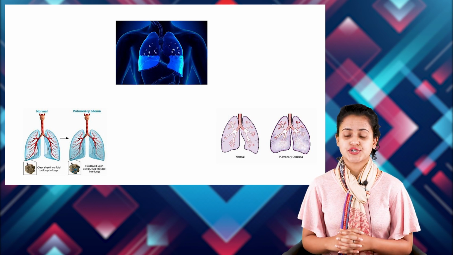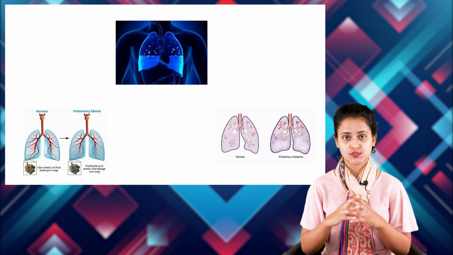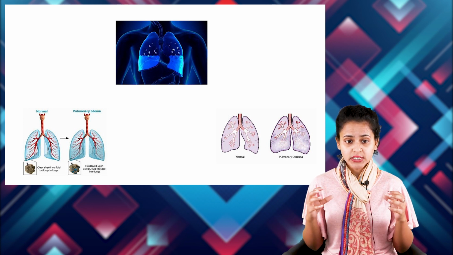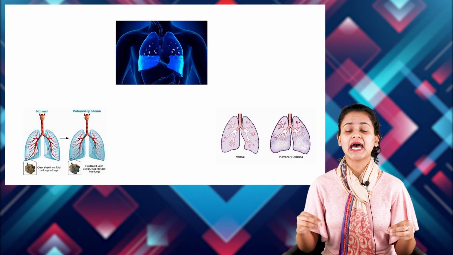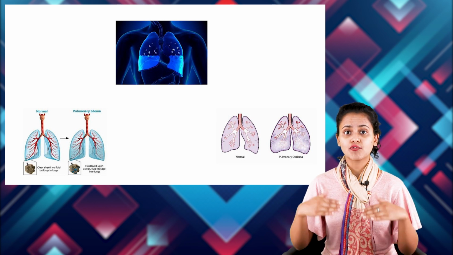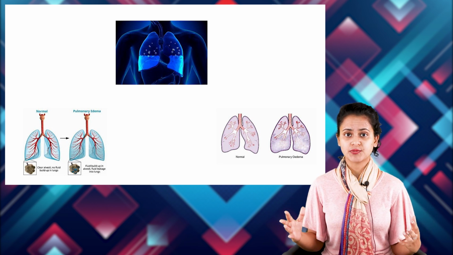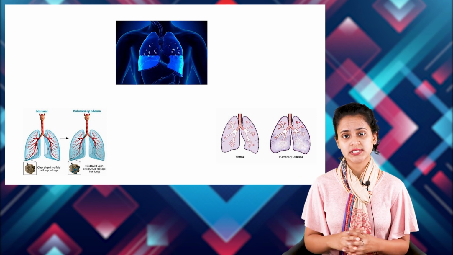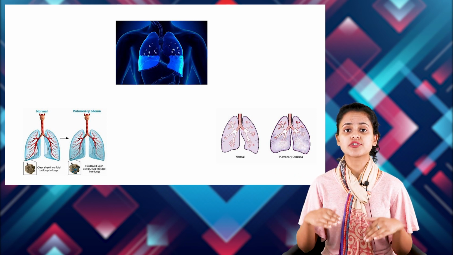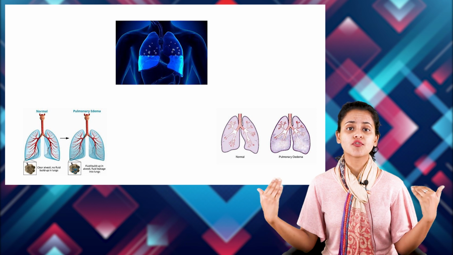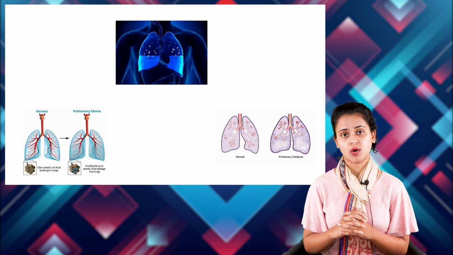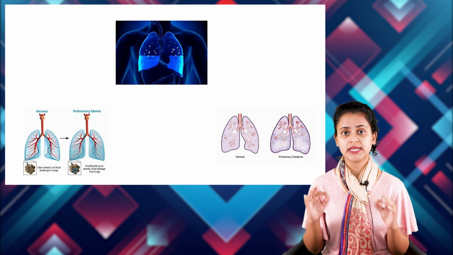When blood pressure rises in the pulmonary vasculature, it can increase fluid leakage into the pulmonary area, and there will be excess accumulation of interstitial fluid, which ultimately causes the development of pulmonary edema.